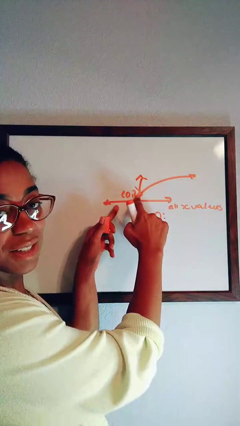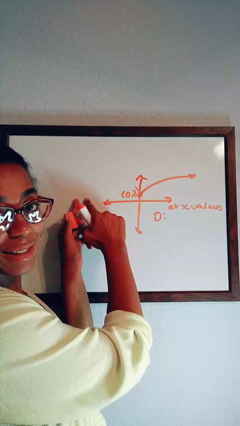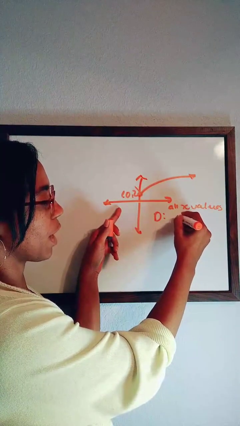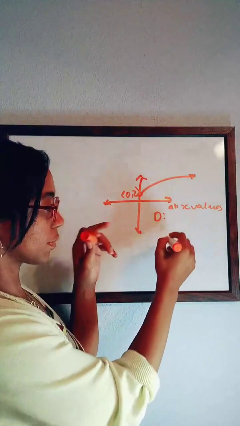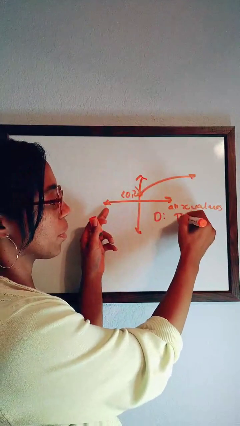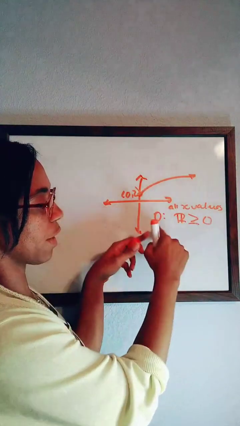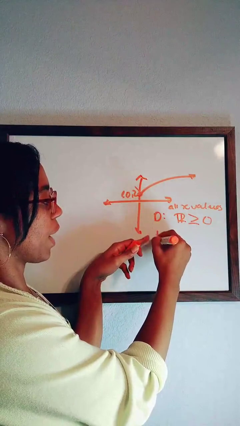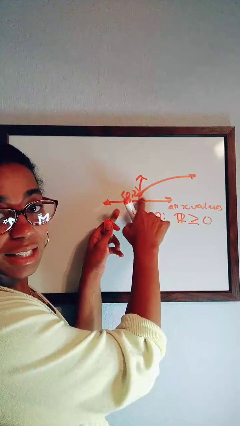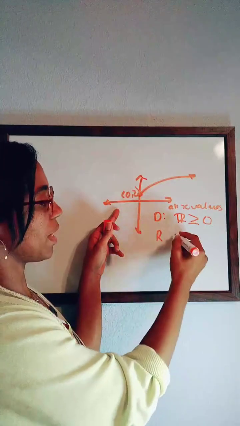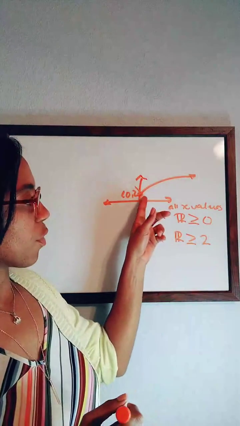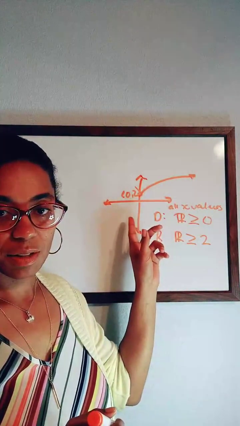So since the graph does not expand past the 0, you're going to say that domain is greater than or equal to 0. Okay, so it's all real numbers that are greater than or equal to 0. That would be your domain. Now your range would be nothing lower than 2. So that means all real numbers that are greater than or equal to 2. You just have to find where the graph starts and stops.